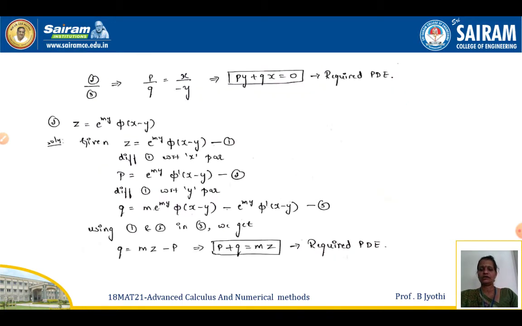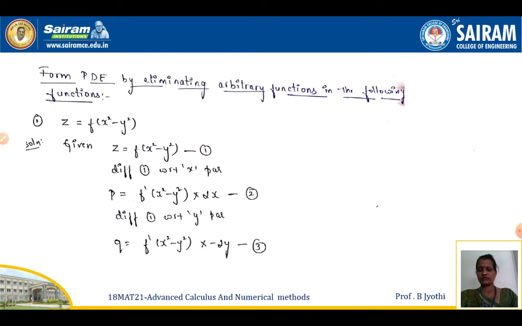Now let us go back once. We have equation 2, p equals f dash of x squared minus y squared into 2x, and q equals f dash of x squared minus y squared into minus 2y. We need to eliminate this f dash function from these two.